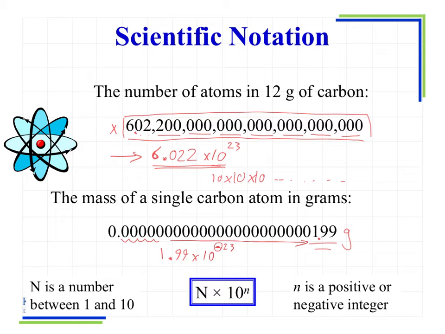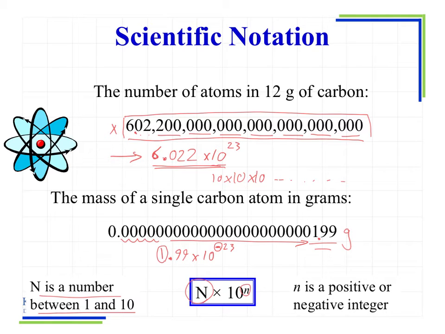So basically in scientific notation, you have N, a number between 1 and 10. It cannot be 10, it's between 1 and 10. So the first digit is something from 1 to 9. That makes it a number between 1 and 10, times 10 to the n, and this n is a positive or negative integer.